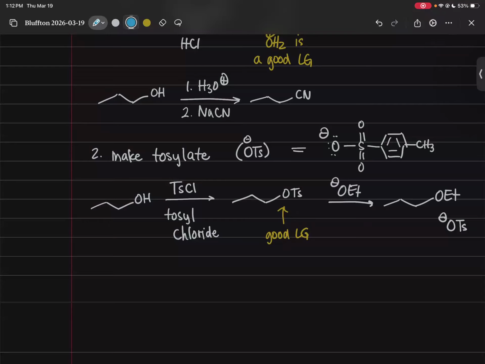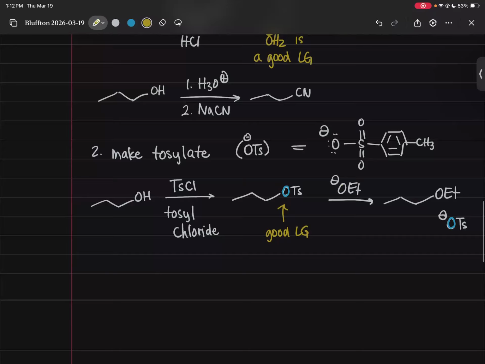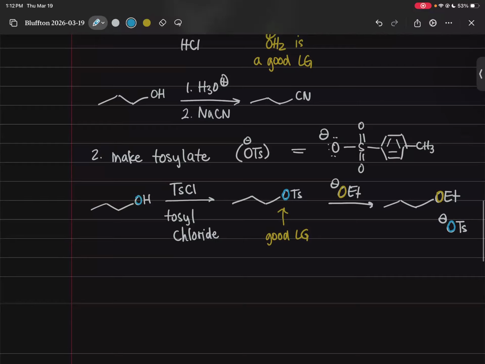I should note that now that I've done this example, the oxygen is different here. I'm not going to ask you to draw this first mechanism, but here the tosyl chloride doesn't contain the oxygen atom of the tosylate. It gets formed on the molecule.